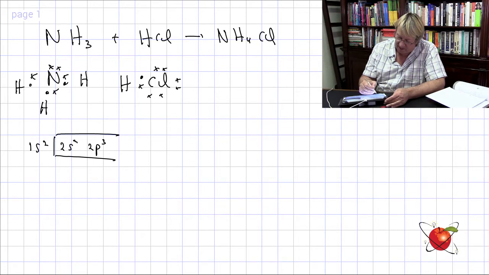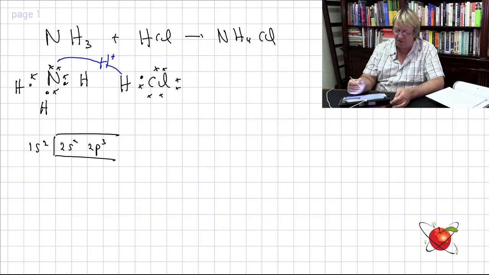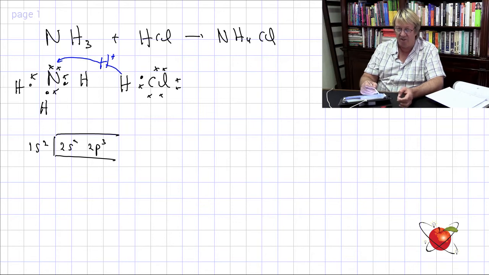So let's have a look what happened. Essentially it was this. This hydrogen was left on its own. Its electron has gone to chlorine. The hydrogen came across and shared on the side of the nitrogen. That's what's actually happened.